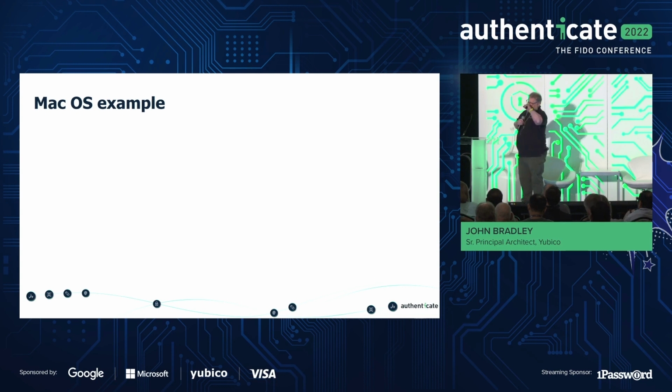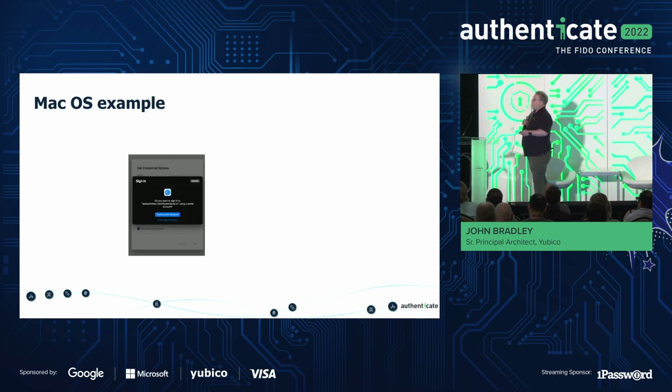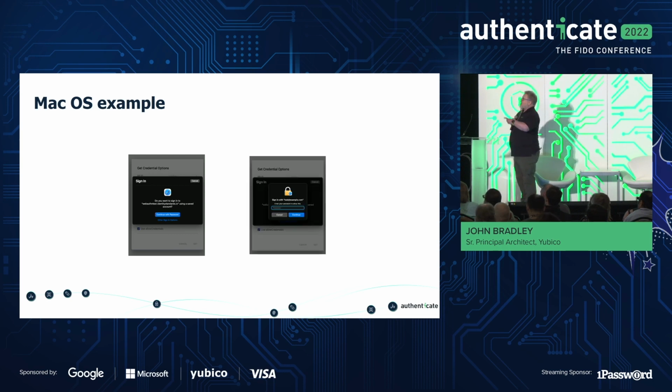the password managers have a similar issue. So on Mac OS, if you don't have a biometric device, it will prompt you, if the RP says password required, it's going to come up and say, enter your login password. And then the user is prompted for their login password, which isn't a particularly good experience.